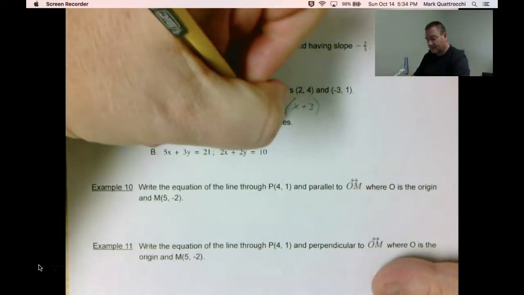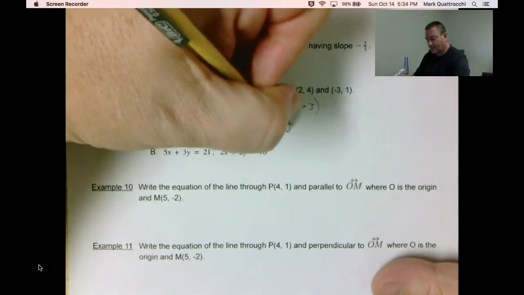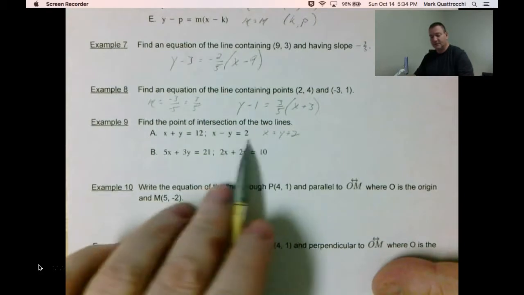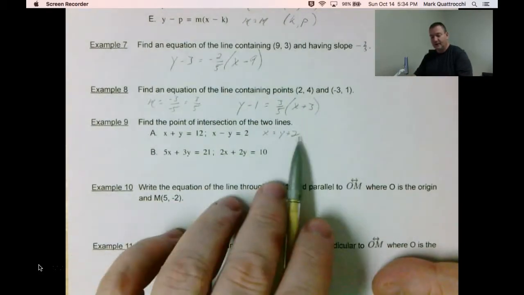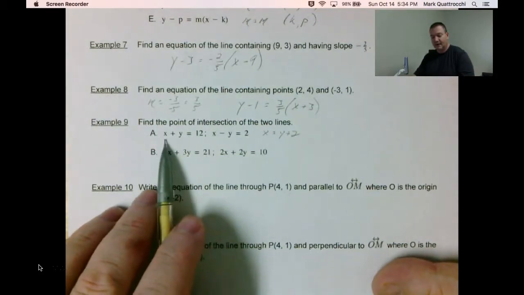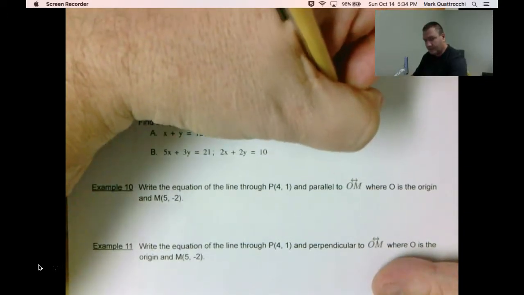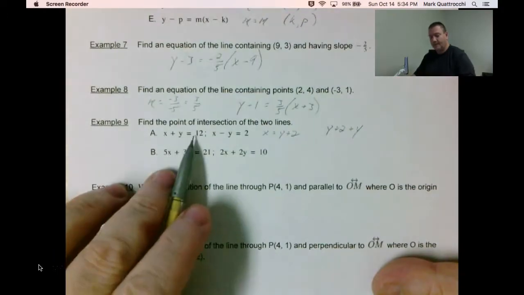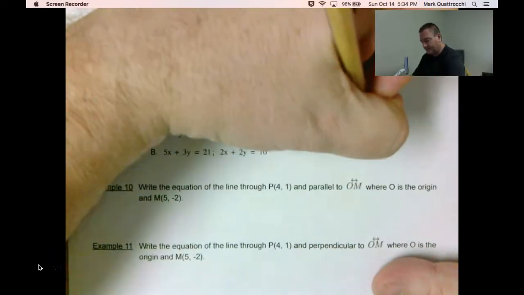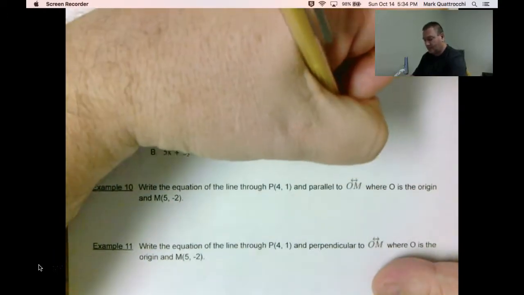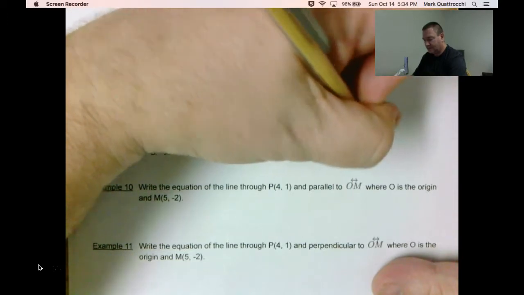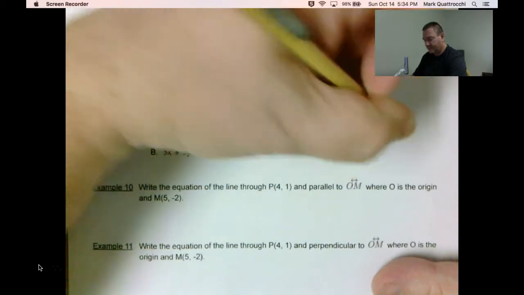So x equals y plus 2 when I solve this equation here for x. Now I can plug this into my x here, and I get y plus 2 plus y equals 12. 2y equals 10, y equals 5.